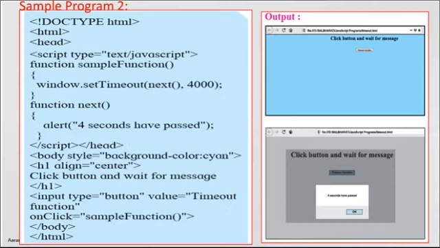Similarly, here a button is provided, but if we have not clicked on this button for 4 seconds, then it will show a message like this: 4 seconds have completed and you have not pressed the button. Okay, we will see both these programs practically in our Google Meet.